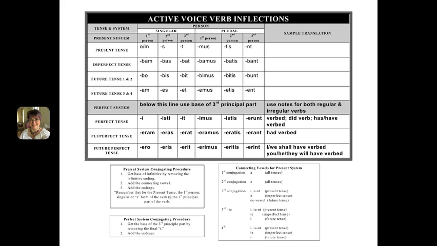These look almost entirely like the future tense form of to be, but I caution you to be careful because as you approach the third person plural, what you want to notice is that instead of erunt, E-R-U-N-T, like it is for the future tense of to be, we have erint, E-R-I-N-T.